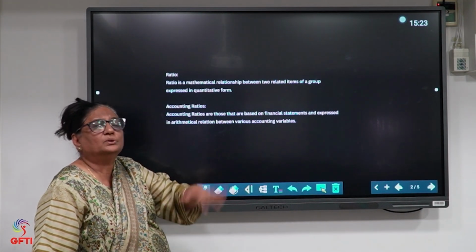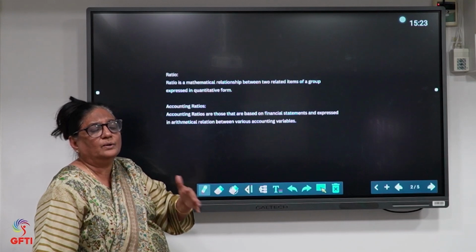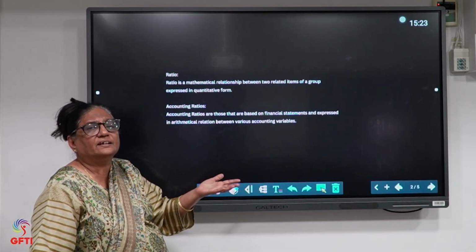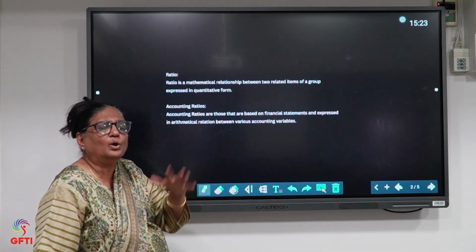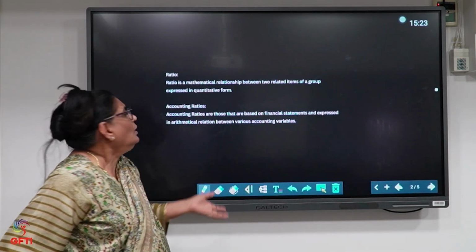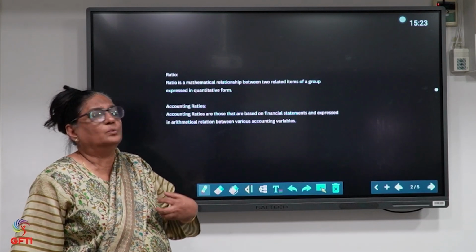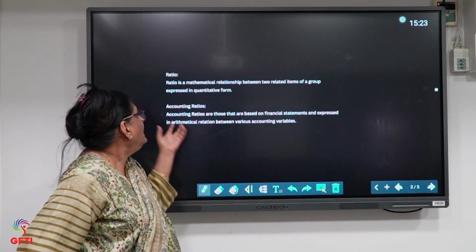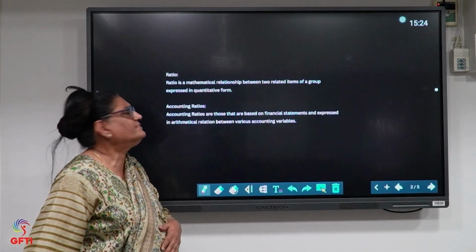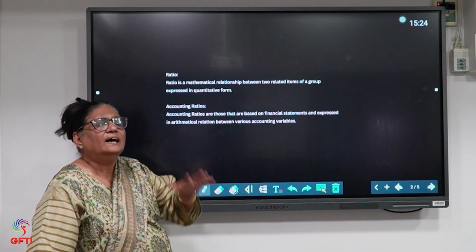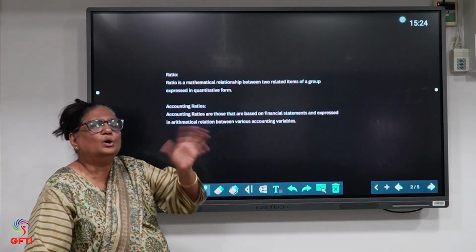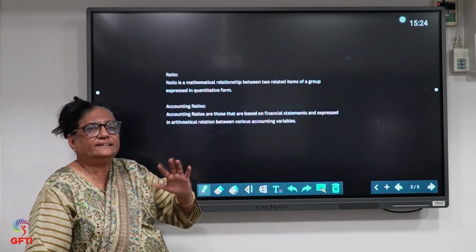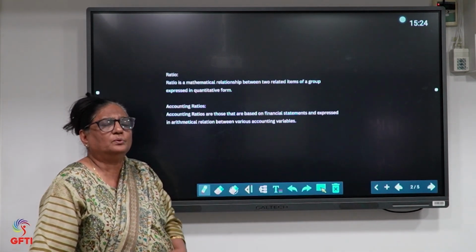Whether to improve your solvency, liquidity ratio or profitability ratio, all those can be studied. The ratios based on financial statements are expressed as arithmetical relations between various accounting variables. The advantages and disadvantages are common; you can just read them, and you usually get them in MCQs.